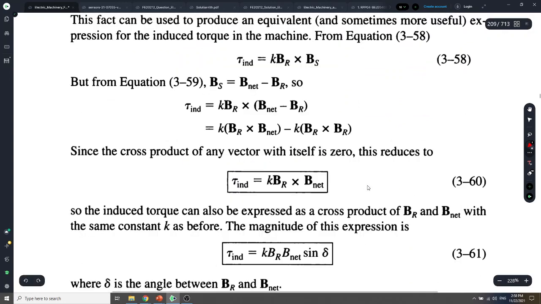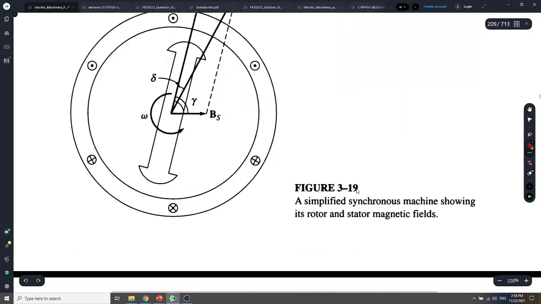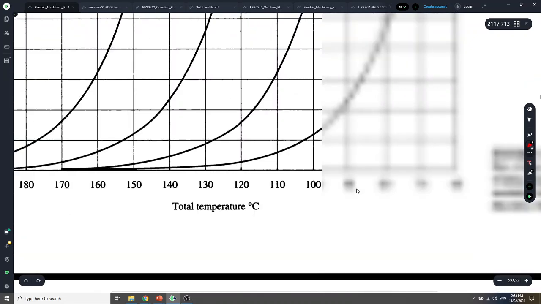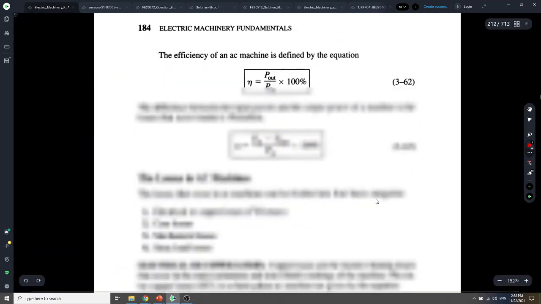Ada yang dah download belum buku ni? Dah, Doktor. Ya, buku ni of course dia akan lebih detail lah, so kita tak cover lah semua kan.